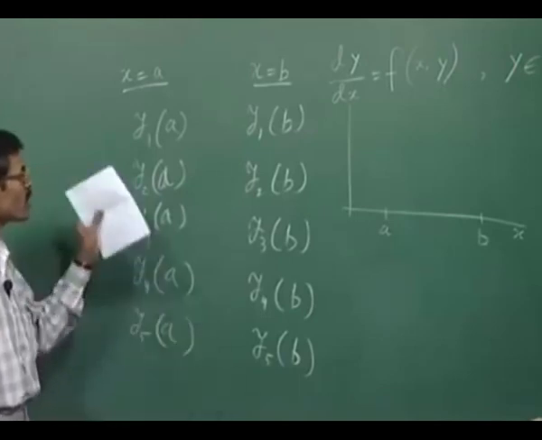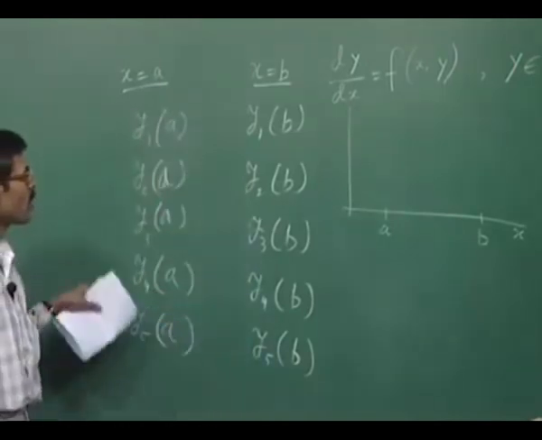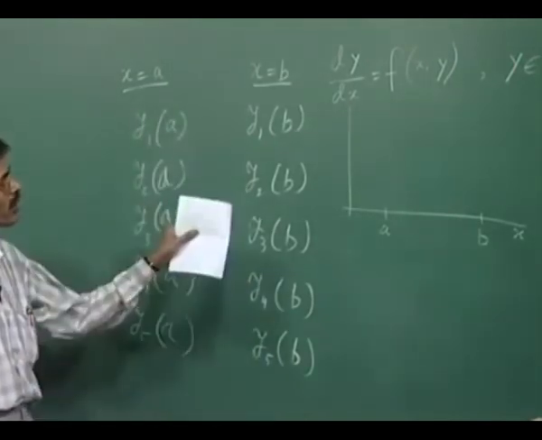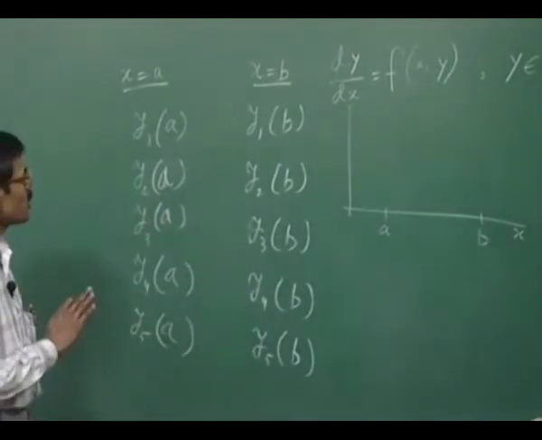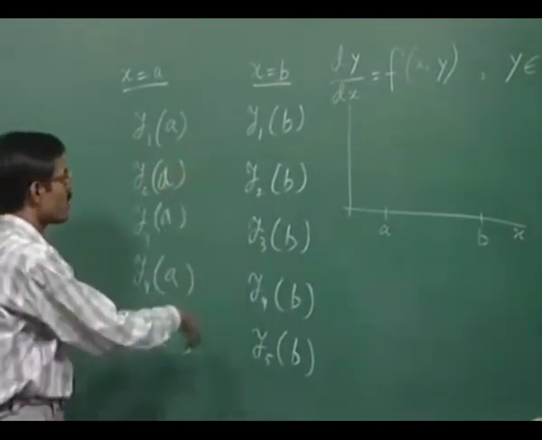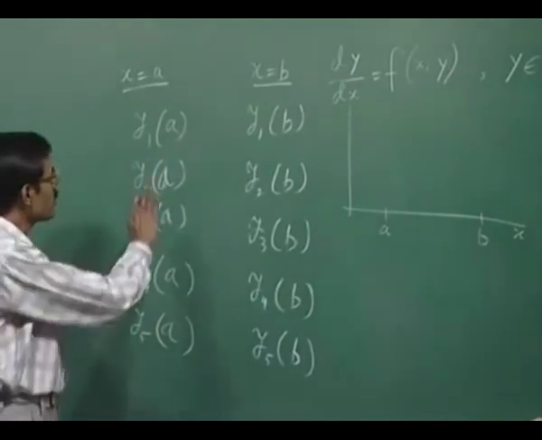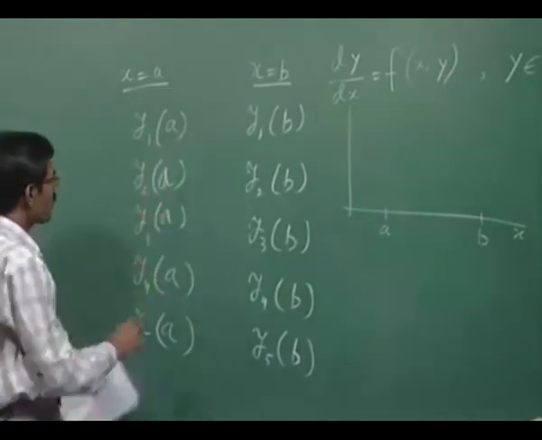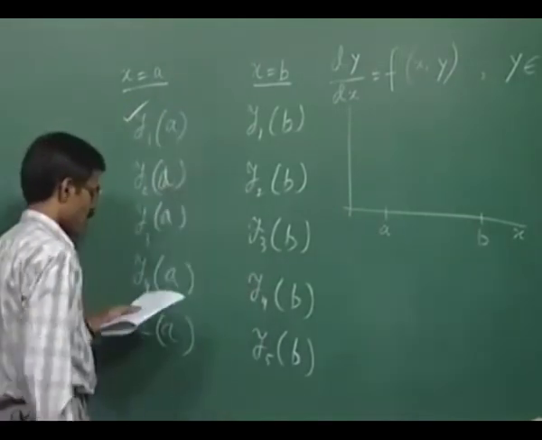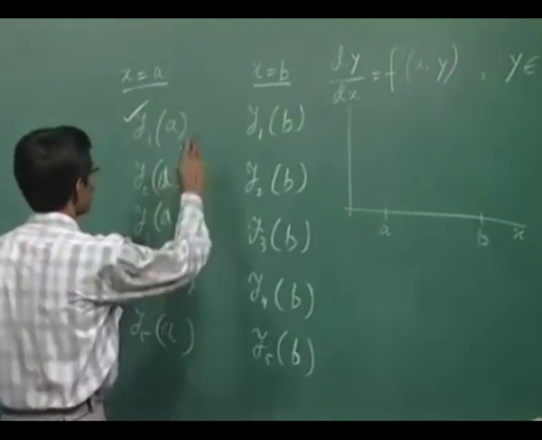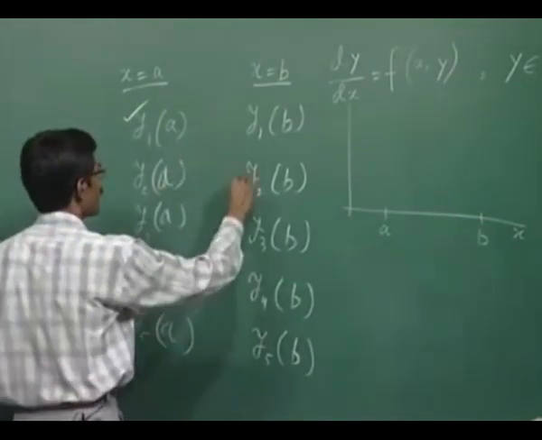Total, how many conditions do we need? How many values out of these 10 values do we need to consistently solve the differential equations? We need 5 values out of these 10 values, right. So, for the 5 values, suppose at x equal to a, y1 is given; at x equal to b, y2 is given.